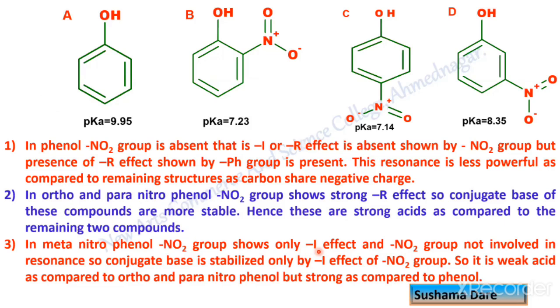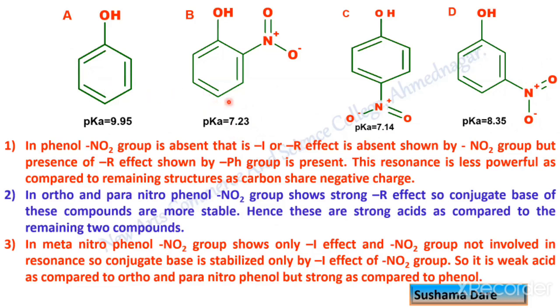As we already discussed, minus I effect is less powerful as compared to minus R effect. Hence, here the conjugate base is less stable as compared to ortho and para, but it is more stable as compared to phenol. The reason is that the nitro group shows a minus I effect, while in case of phenol, minus I effect is absent.